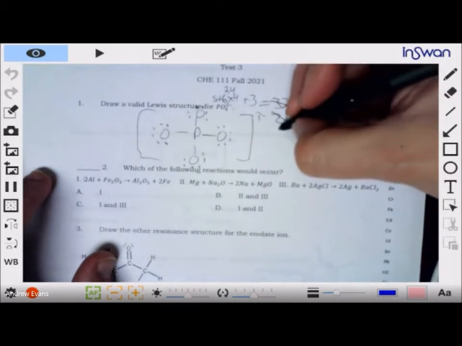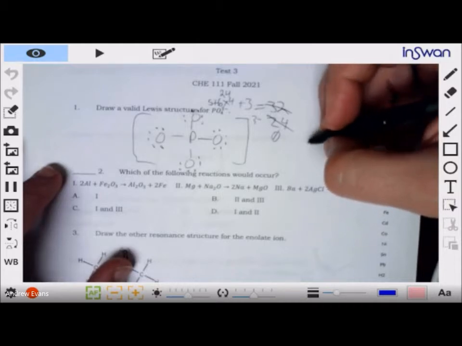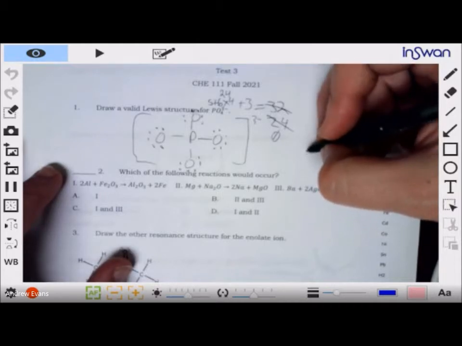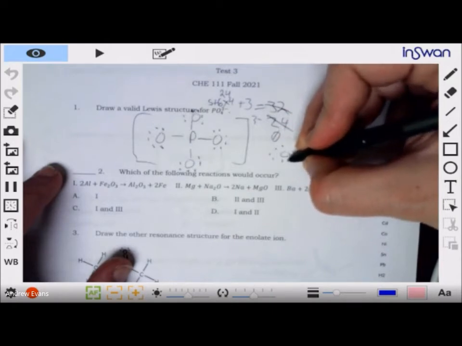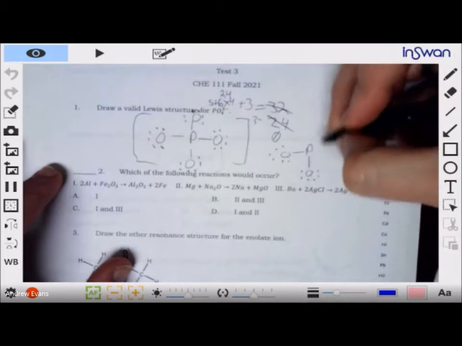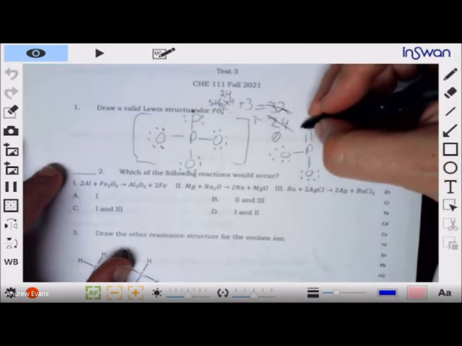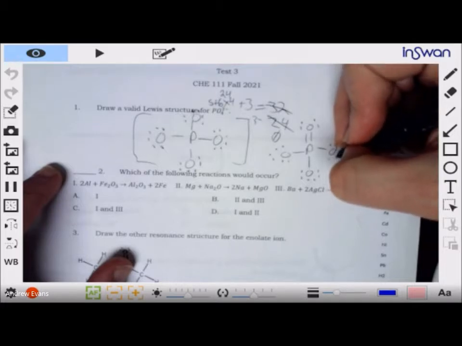An alternative would be to make a double bond between one of the oxygens and the phosphorus, thus generating one less formal charge, but giving phosphorus an expanded octet.